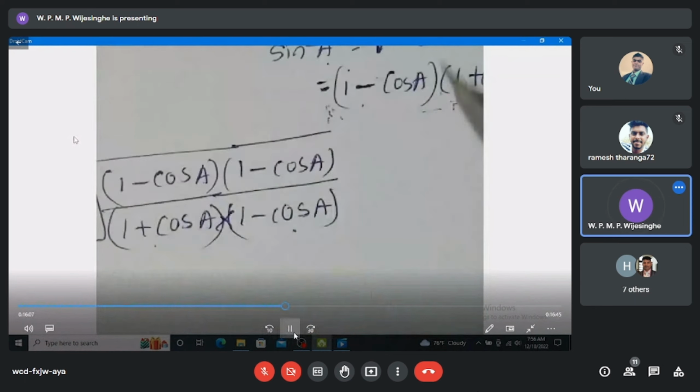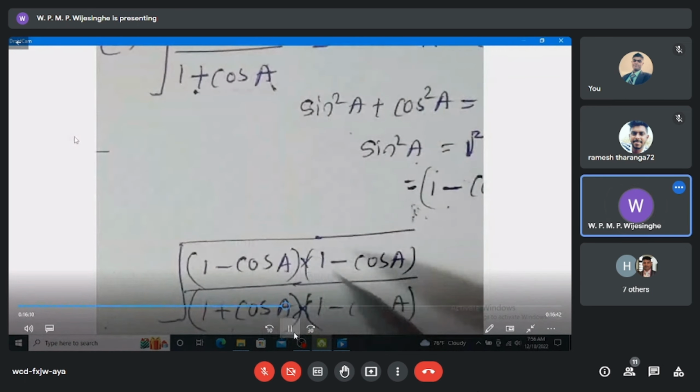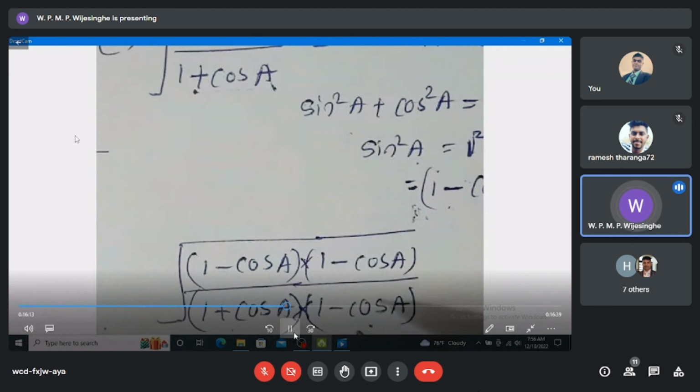I should multiply this by this term in the numerator also, right? Here this one cancels, and here it remains the first term, right?